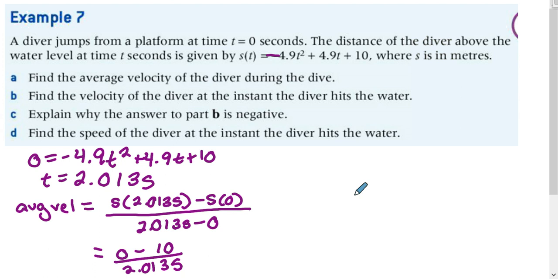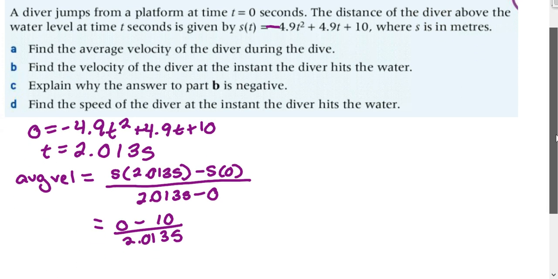So I'll go ahead and divide those 2 values. Okay, so we got negative 4.97 meters per second. That's his average velocity from the entire dive. So that's part A.